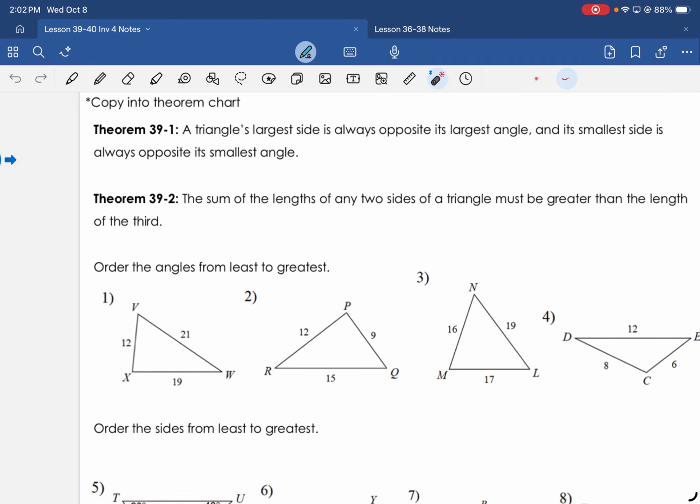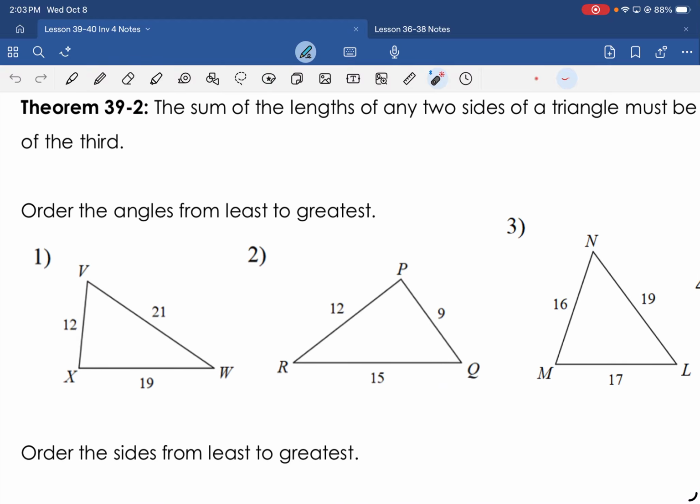So, over here, where it says order the angles from least to greatest, do you see right here how 12 is the smallest of the three? That means the smallest angle is opposite. So we're going to write angle W first as the smallest, comma.